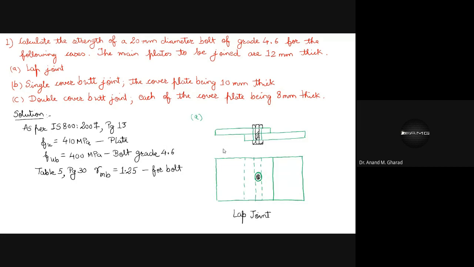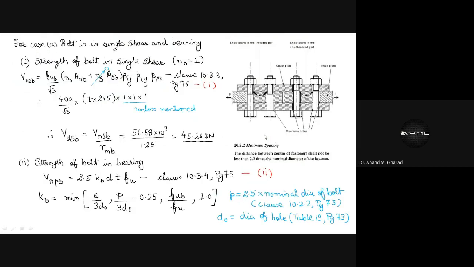Bearing effect का मतलब भी मैंने बताया आप लोगों को कि when this bolt surface will come in contact with the surface of the plate based on the external loading, at that time bearing forces will be generated. Fine. So for case 1, bolt is in single shear and bearing. Therefore, the strength of the bolt in single shear we are now supposed to identify.